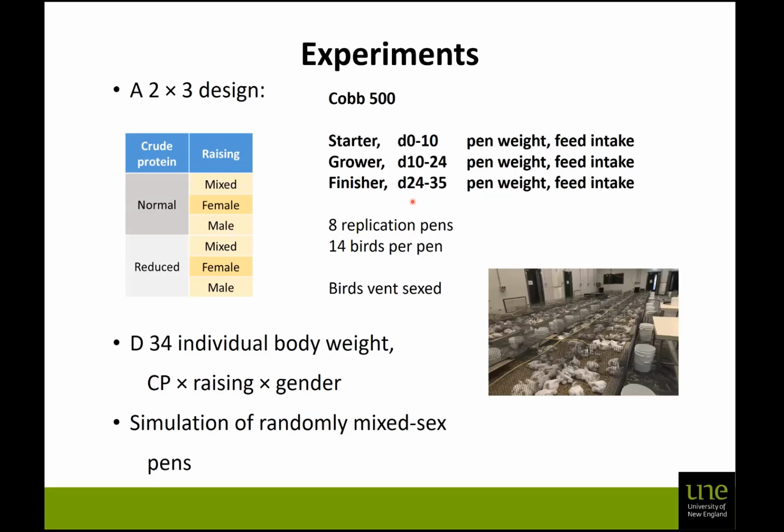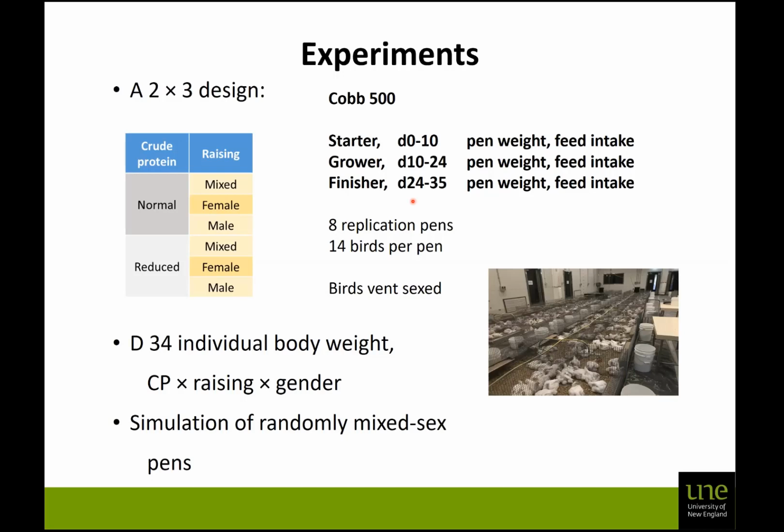For these 3 phases, we measured the pen weight, feed intake, and then calculated FCR, with 14 birds per pen and 8 replicates. On the arrival of the birds at the university, we requested a sexer to come over and the birds were then sexed, so we had the opportunity to mix birds equally or put male or female only in the pens.